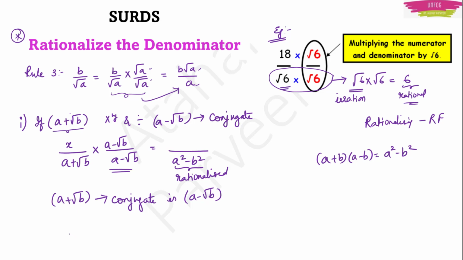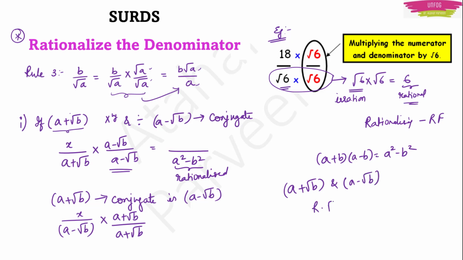See, for example, if I have a minus root b in the denominator, how will I rationalize it? I can rationalize it by writing a plus root b, multiplying it and dividing it. Correct? So I can say that a plus root b and a minus root b, they both are rationalizing factors of each other or conjugates of each other. So this is one case.